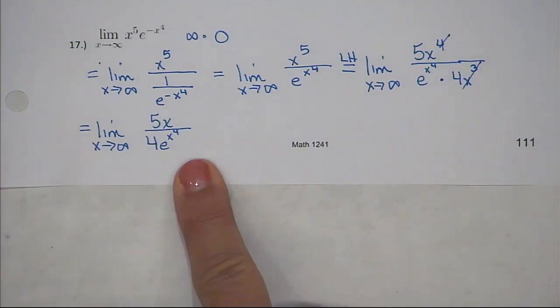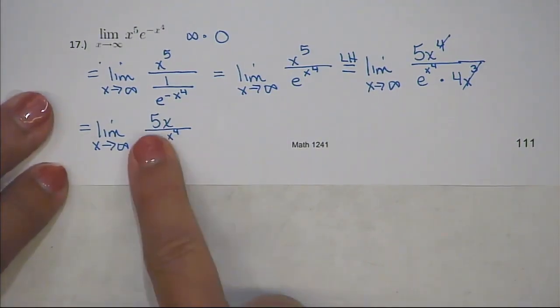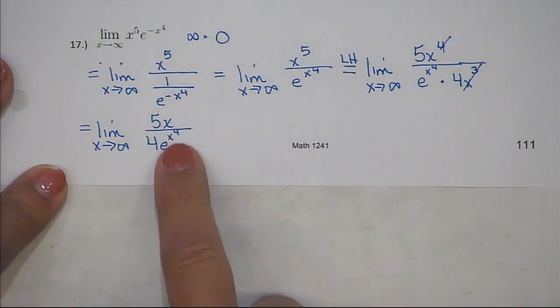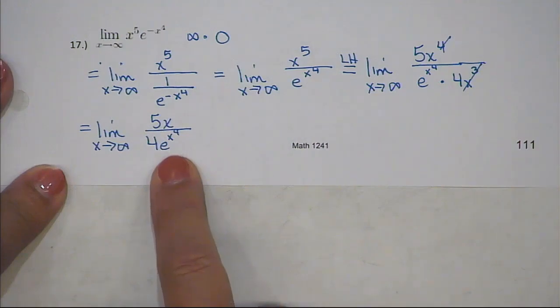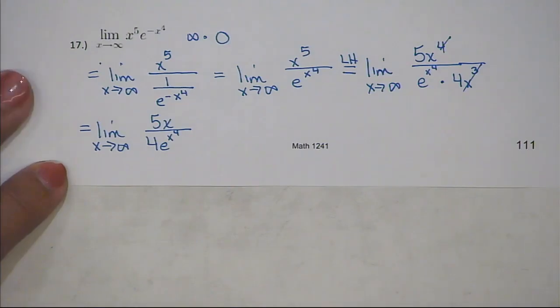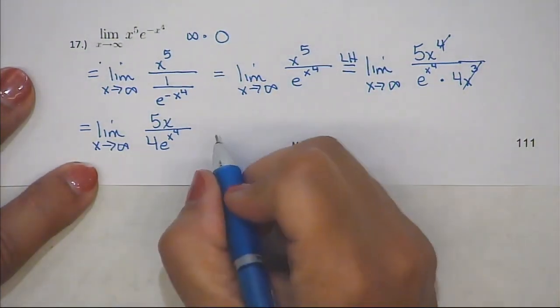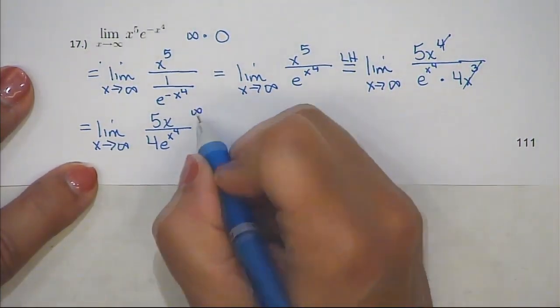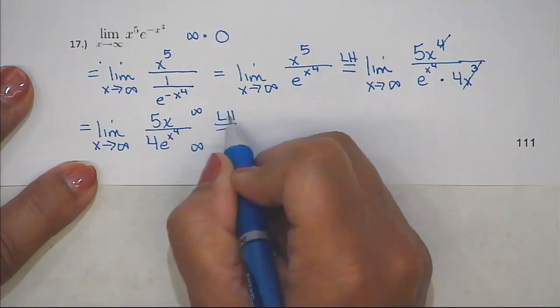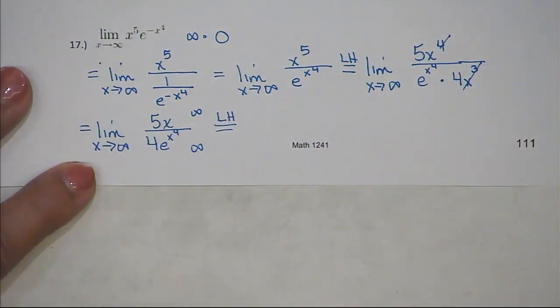Well, if I plug in infinity, a really large number, 5 times infinity is infinity, and 4e to a really big number is infinity. So I still have infinity over infinity, so I have to do L'Hopital's rule again. Remember, infinity over infinity is an indeterminate form for these. Okay? So that means I'm going to do another derivative.